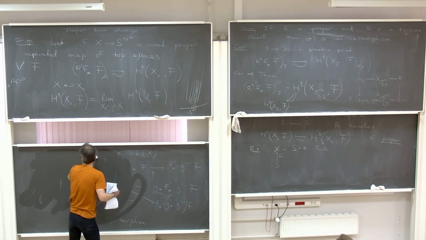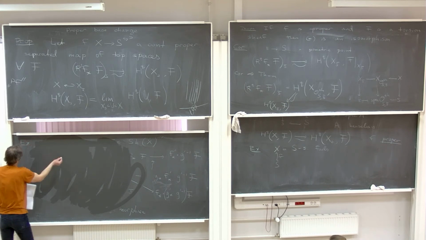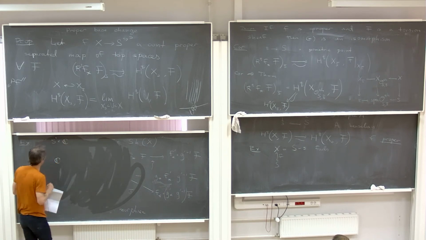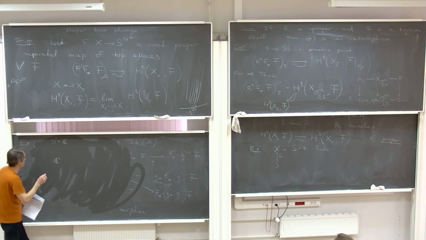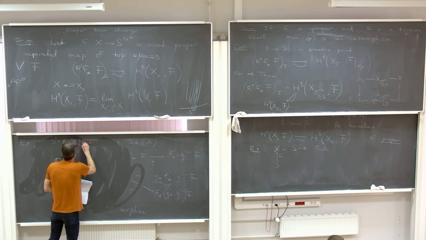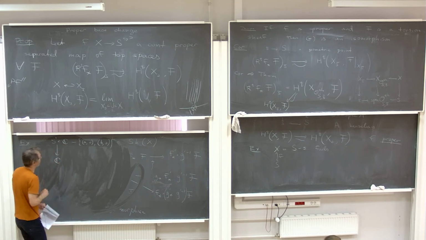So take C, and take S^1 times C, and remove two points, (a, 0) and (b, 0). This is the projection.